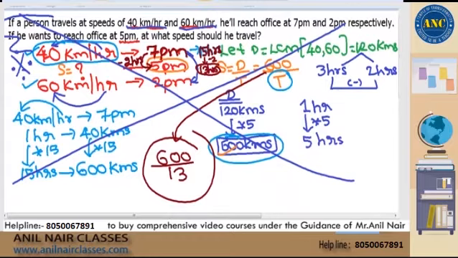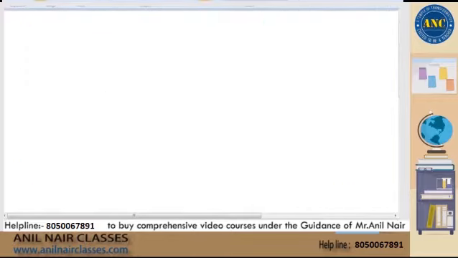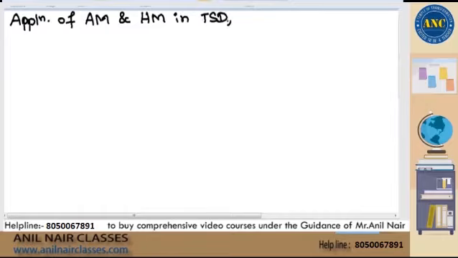Now we will start the class. Please write down the heading, sir. Very important concept. Please write down the heading: Application of AM and HM. AM stands for arithmetic mean, HM stands for harmonic mean.